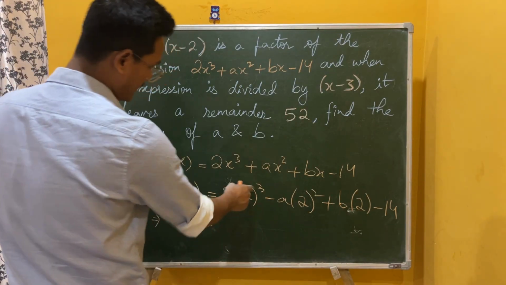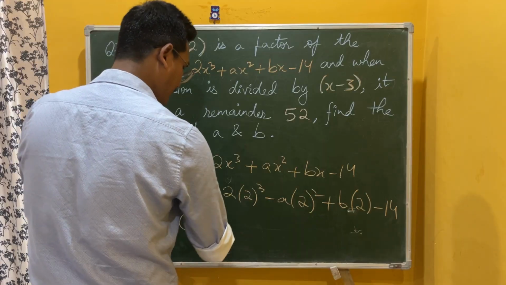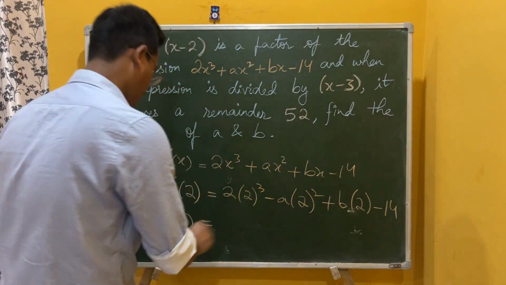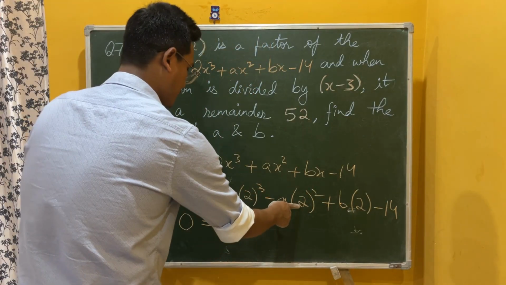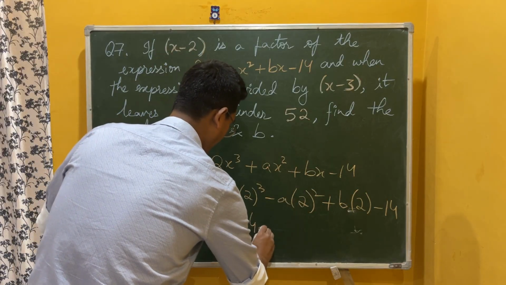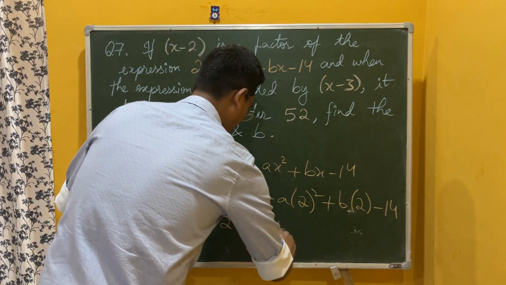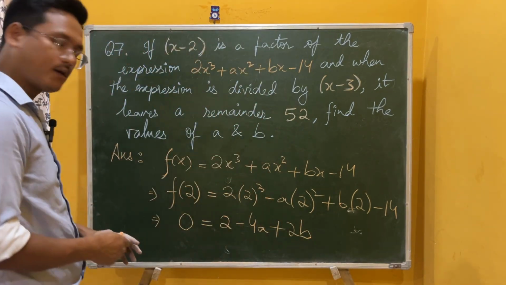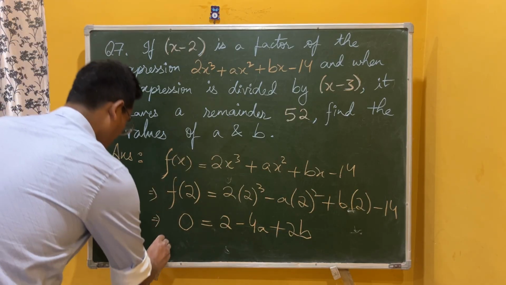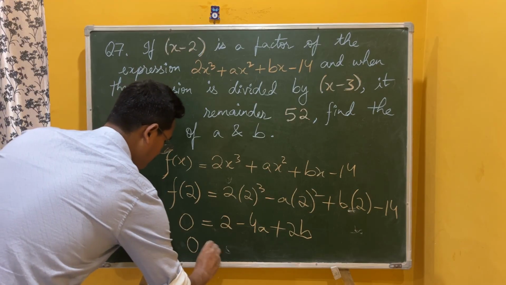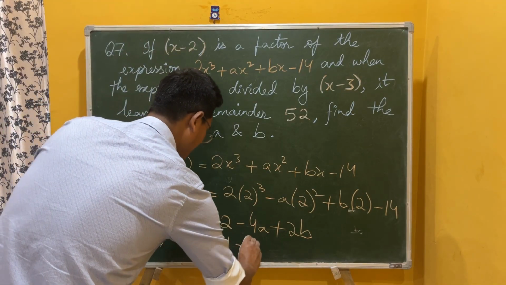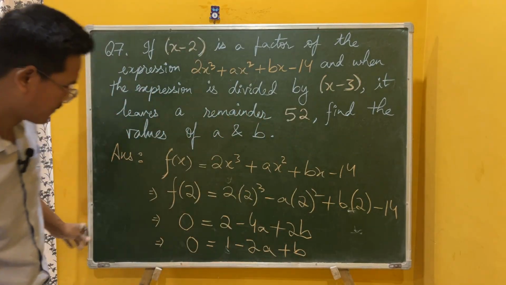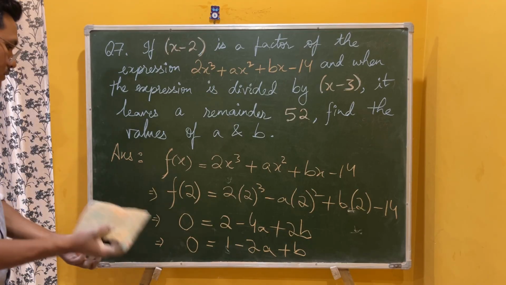So now 2 cubed is 8, 2 into 8 is 16, and 16 minus 14 is 2. So this is 4 minus 4a plus 2b. If you divide the entire equation by 2, you'll get 0 equals 1 minus 2a plus b, right?